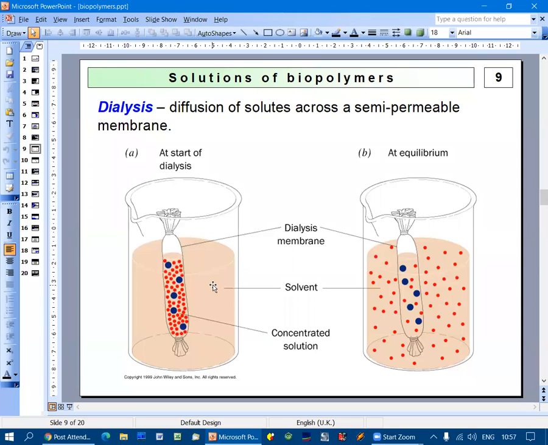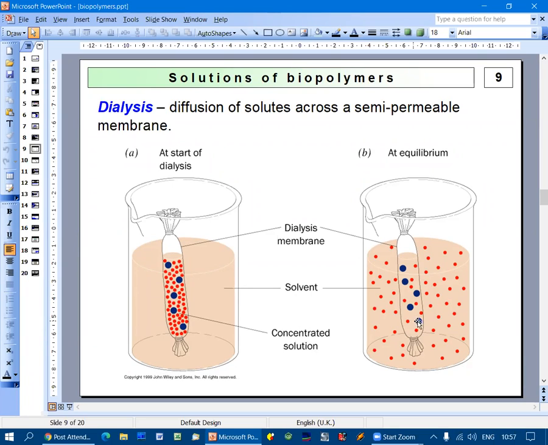After a while, the equilibrium will set up because the particles of lower molecular weight compound can pass through this semi-permeable membrane, but molecules of high molecular weight compound cannot.